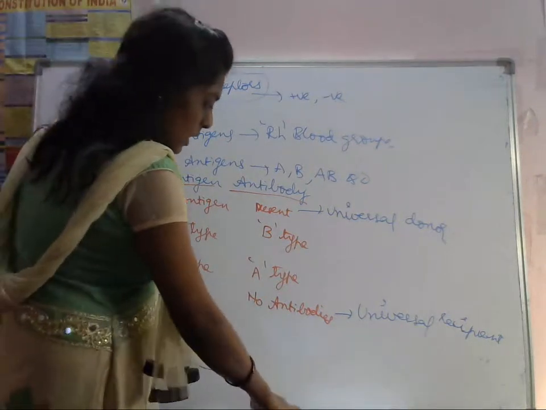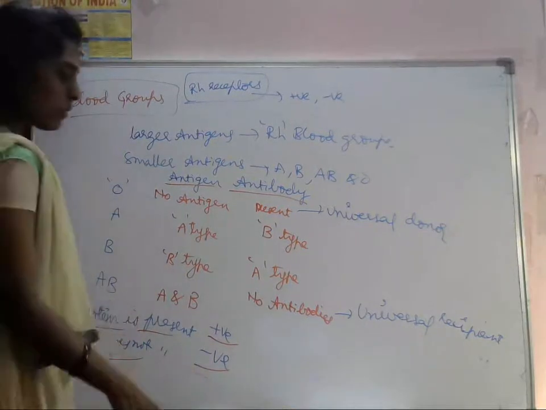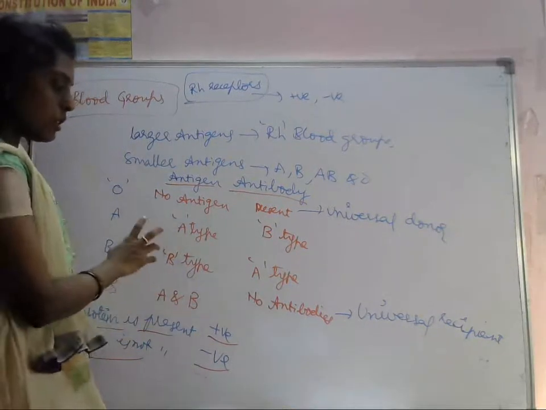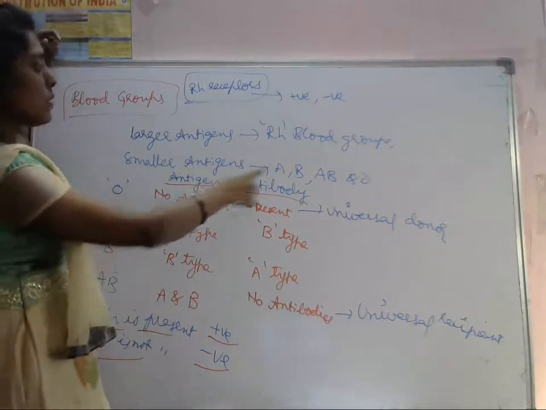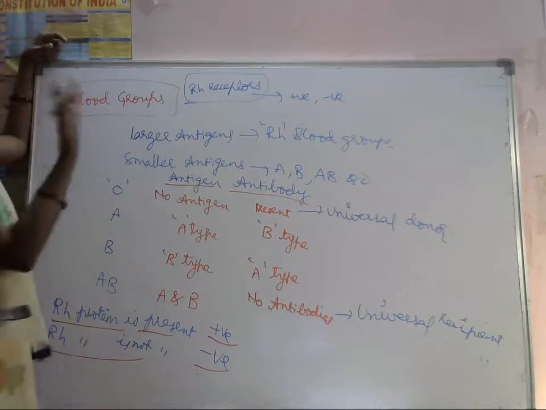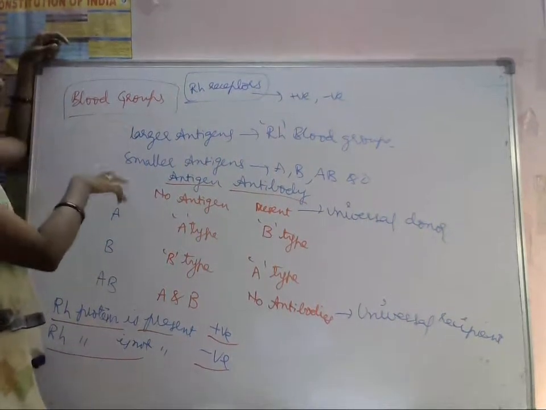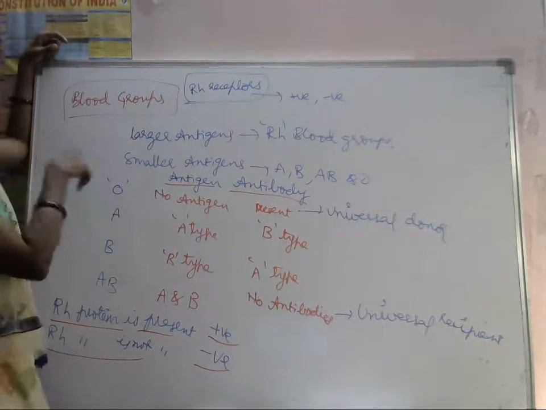In AB blood group, a new antigen forms. These are called phenotypes. The Rh blood group also has larger antigens, while the others have smaller antigens.